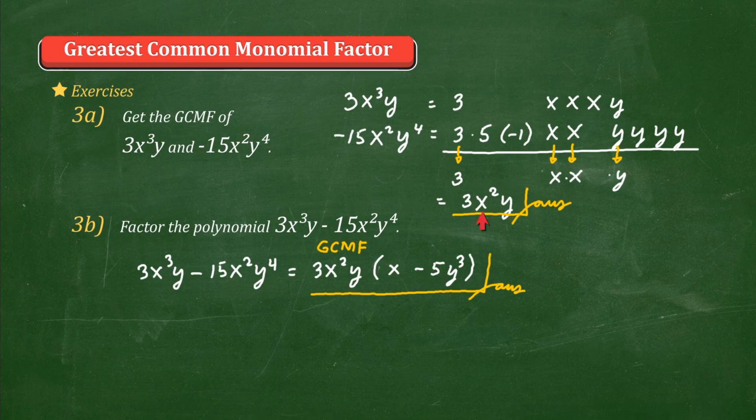Our GCMF is x squared. Is there a way to get it by just looking at these? Observe the variable y next. Our GCMF is y. Is there a way to get it by just looking at these? Do you see a pattern?